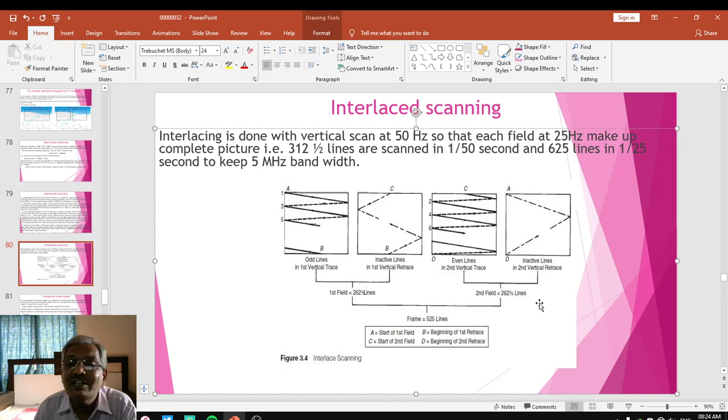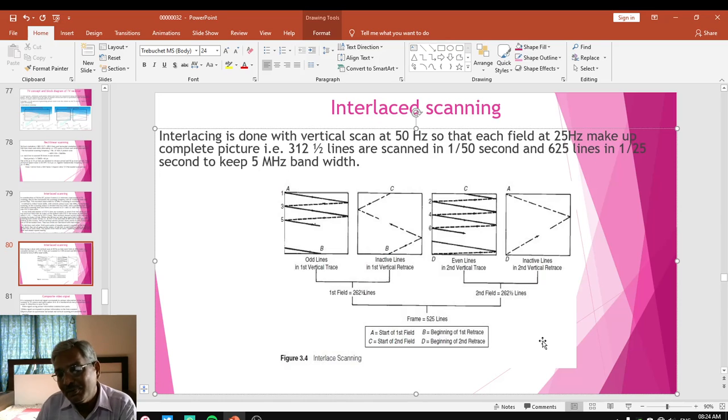This is the second field, the even field, where 312 and a half lines are scanned. Totally 625 lines are scanned. Once this entire process completes, one picture frame gets formed. So that is the difference between rectilinear scanning and interlaced scanning.